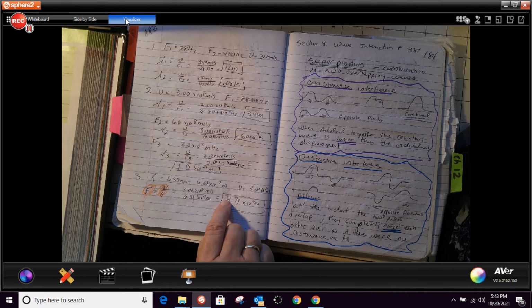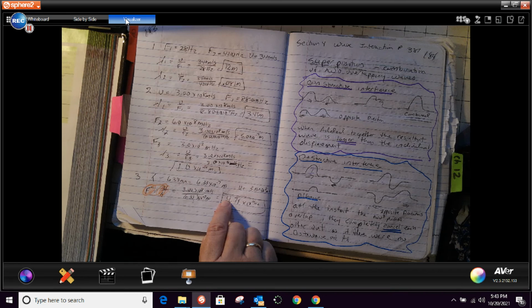So question number 1 was saying a piano emits a low frequency of 28 hertz and a high of 4,200 hertz. Find the range of the wavelength of the air obtained in an instrument when the sound wave is at 340 meters per second. I'm on page 385.